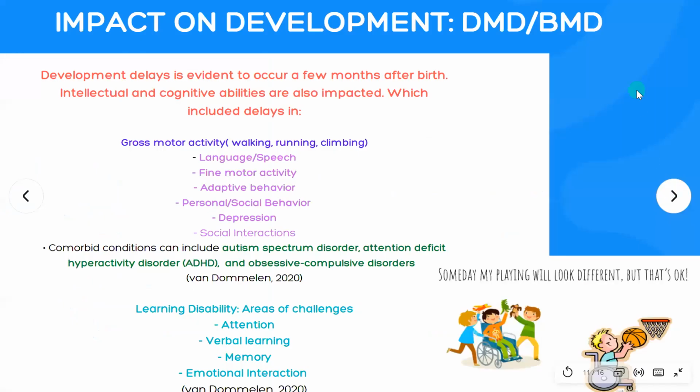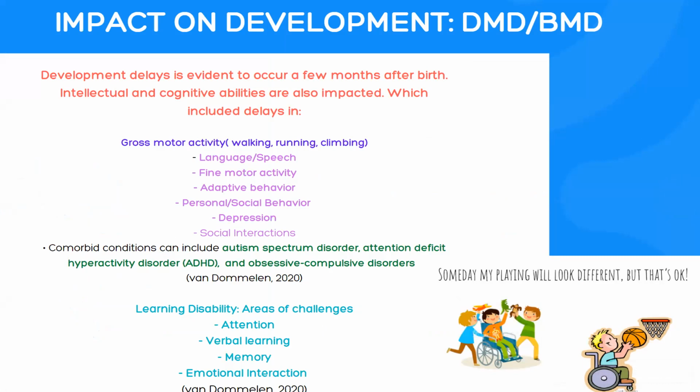Okay, so the impact on development: developmental delays are evident a few months after birth. Intellectual and cognitive abilities are also impacted. Some examples I can mention here are gross motor activity, fine motor, language, speech, adaptive behavior, personal social behavior, depression, as well as social interactions.